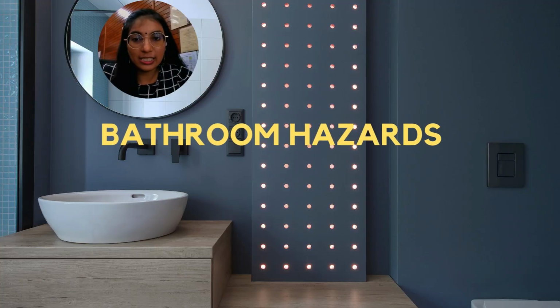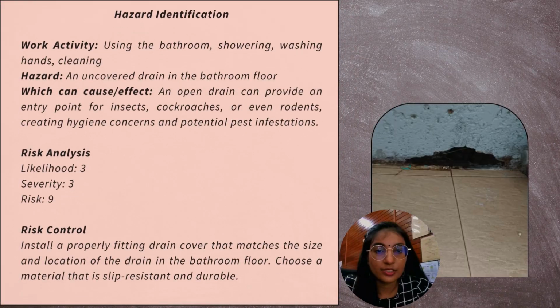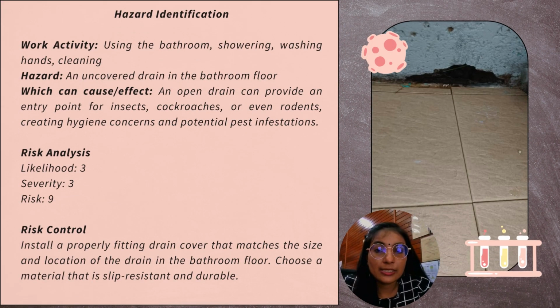Now, the third area we are covering is bathroom assets. The first work activity is using the bathroom for showering, washing hands, and cleaning purposes. The asset will be an uncovered drain in the bathroom floor. An open drain can provide an entry point for insects, cockroaches, or even rodents, creating hygiene concerns and potential pest infestation.